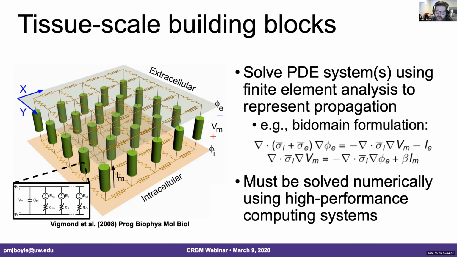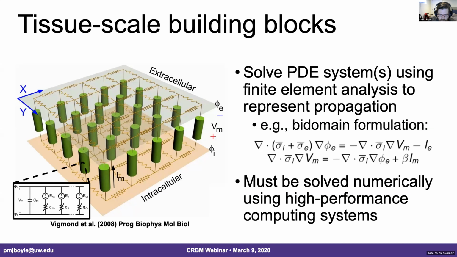And so each node in a particular finite element representation of the cardiac tissue will have its own copies of those state variables, which will evolve over time in a voltage and ion concentration dependent manner. And so this system can be formulated as one or more partial differential equations, which can be solved using a finite element analysis to represent propagation of electrophysiological activity in the tissue.